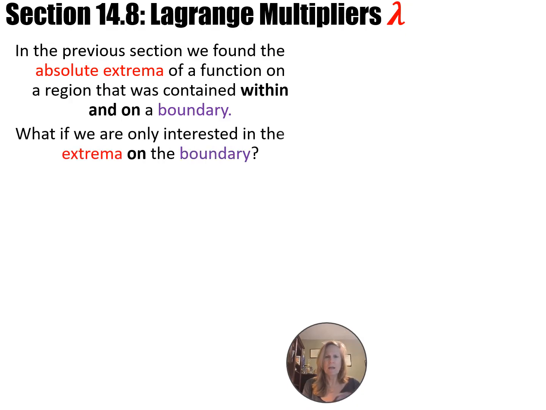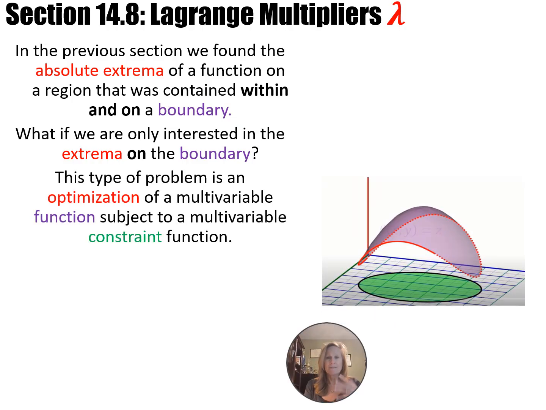All right, so again, what we're going to do now is we only want to know about extrema on the boundary. This is an optimization problem. This is like volume, right? When we were in single variable, if we wanted to maximize volume in optimization problems, we had to get a volume equation in terms of only one variable before we could do our calculus. Well, now we don't have to.